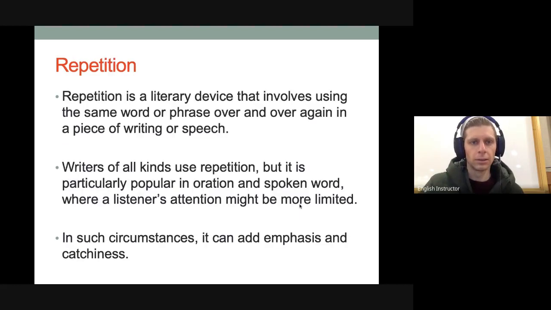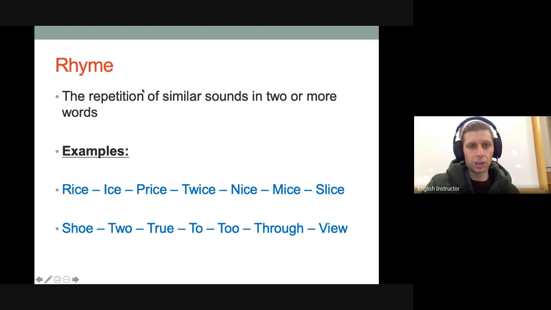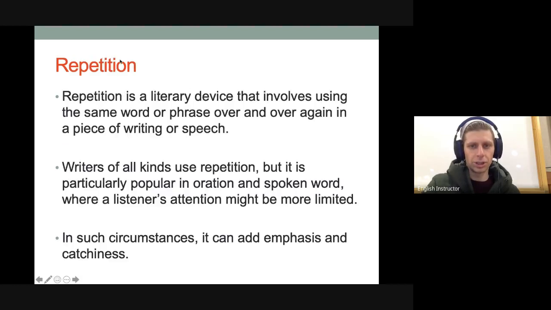And then repetition is going to be one of the last literary devices that I talked about. Whereas rhyme is just the repetition of sounds, repetition is actually going to be using the same word or the same phrase over and over again in a piece of writing. So there are a lot of different examples of repetition.